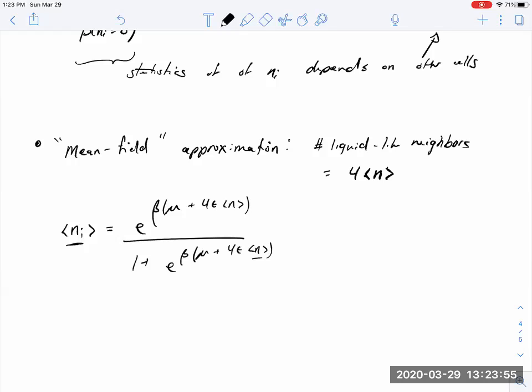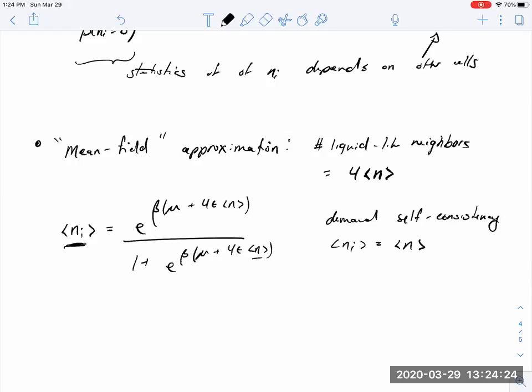So there's an additional constraint we impose, which again is like something you might have seen in your quantum mechanics classes, like in Hartree-Fock theory, which is that we demand self-consistency. Namely that cell I is just like all of the other cells. So the average of ni is just the average of n.